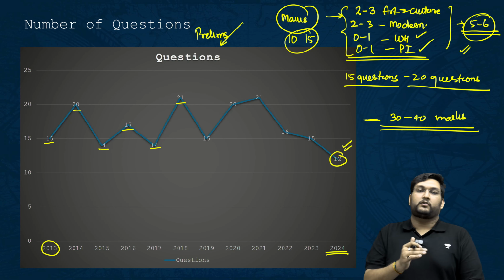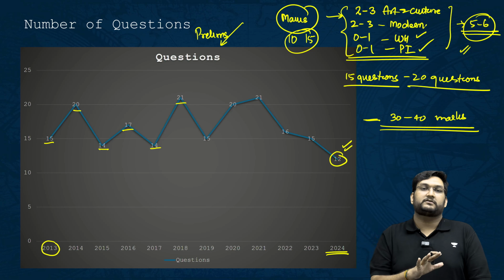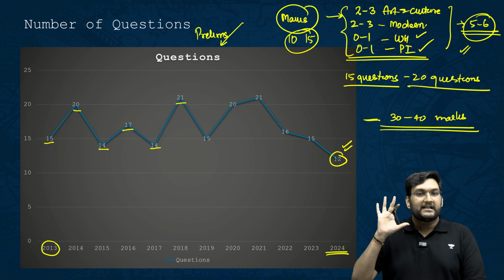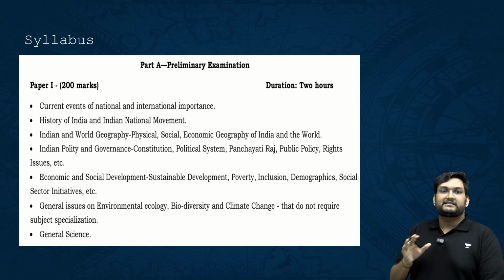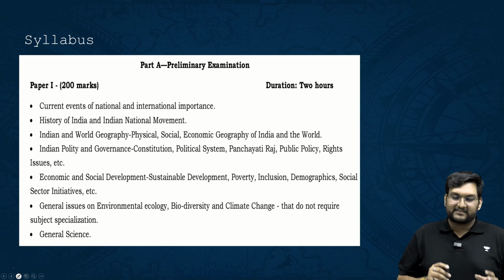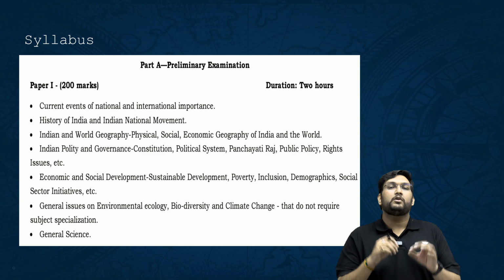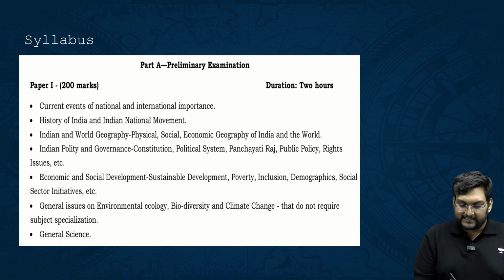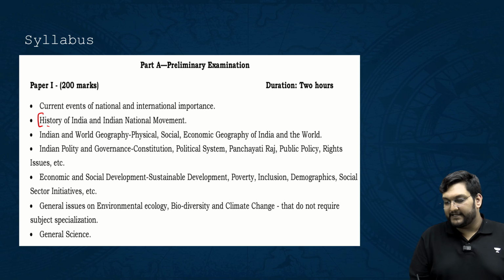Now that the questions are sorted and the importance of the subject is sorted with regards to UPSC CSE generally, let's talk about the syllabus. What is the syllabus? And herein lies the anomaly where UPSC is extremely vague when it comes to prelims. In prelims, it says history of India and Indian national movement.